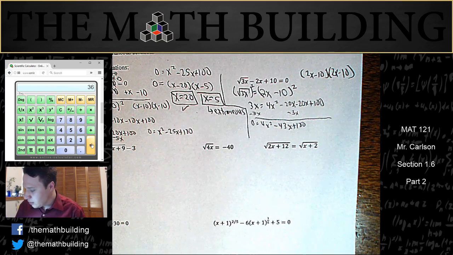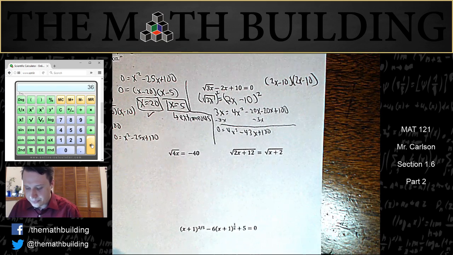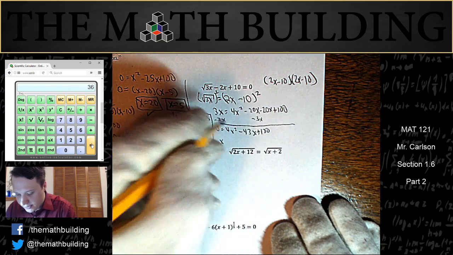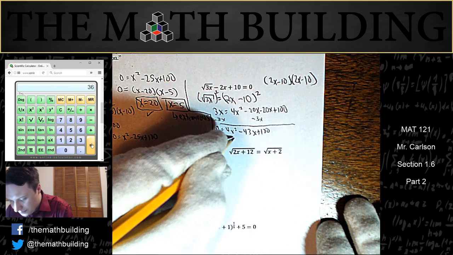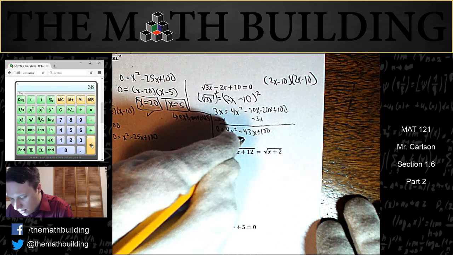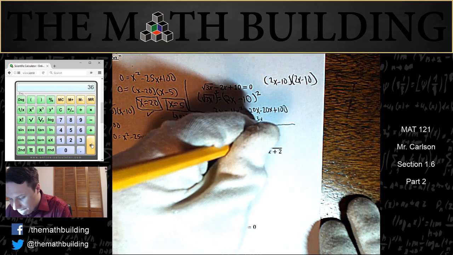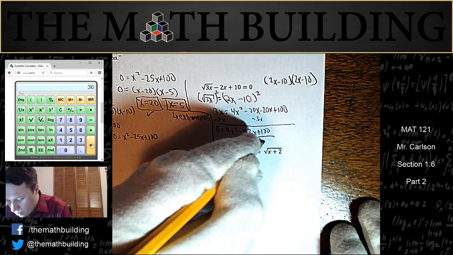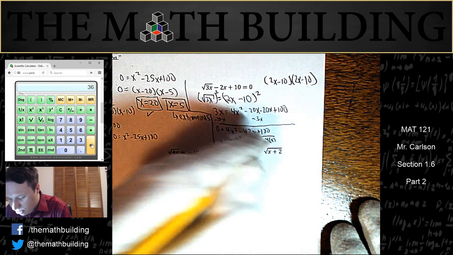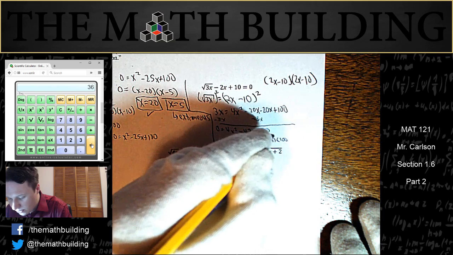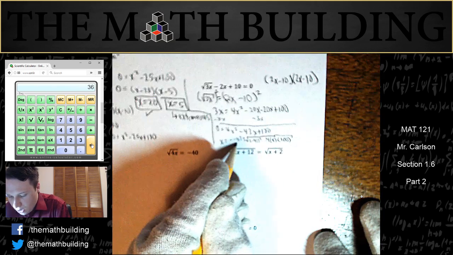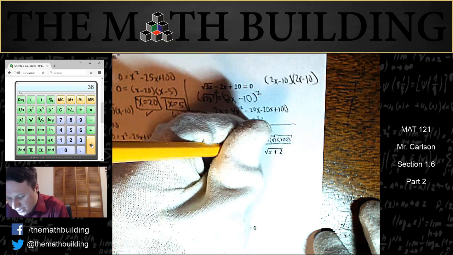And so we need to go straight to the quadratic formula. So x will equal negative b, negative negative 43, plus or minus the square root of b squared minus 4 times a, which is 4, times c, which is 100, all over 2 times a, which would be just 8.